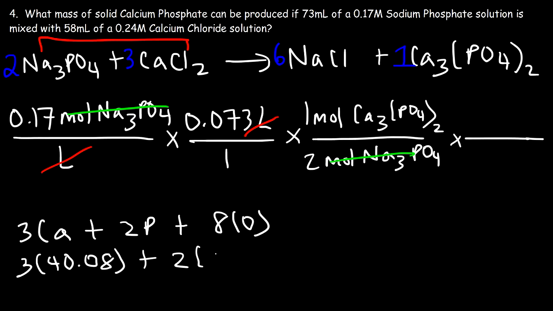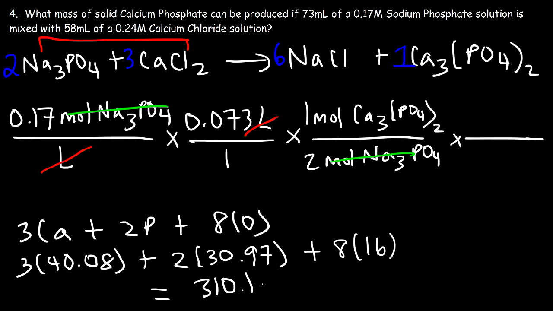Phosphorus is 30.97, and oxygen is 16. So the molar mass is 310.18 grams per mole. So 1 mole of calcium phosphate has a mass of 310.18 grams.